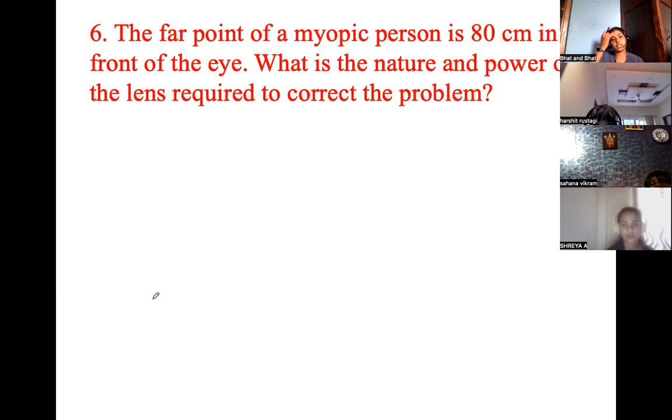So myopic means the person is with myopia. Myopia is short-sightedness. The person will not be able to see things which are at a distance.